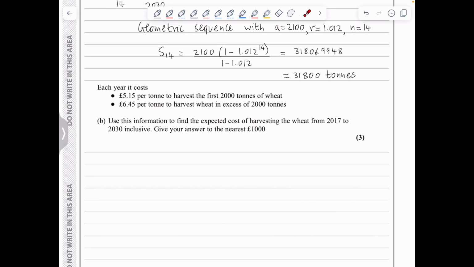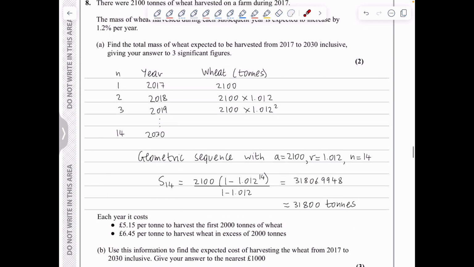We then have that the costs are $5.15 per ton for the first 2,000 tons of wheat and $6.45 per ton for every extra ton of wheat harvested. And we need to find the expected cost from 2017 to 2030. Well, we see that in the very first year we have exceeded the limit of 2,000.